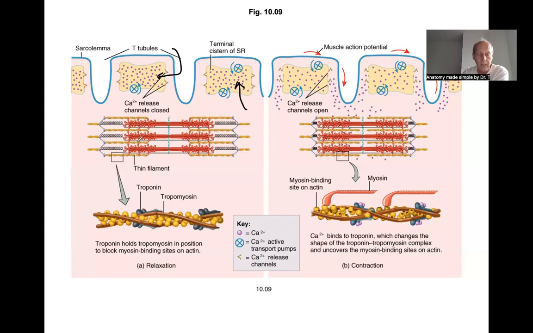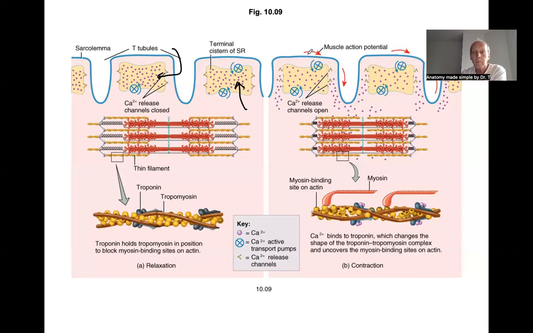And the reason for that is very simple. Those myosin binding sites on the molecules of actin are hidden. Troponin is keeping them hidden, preventing myosin from sticking onto them.